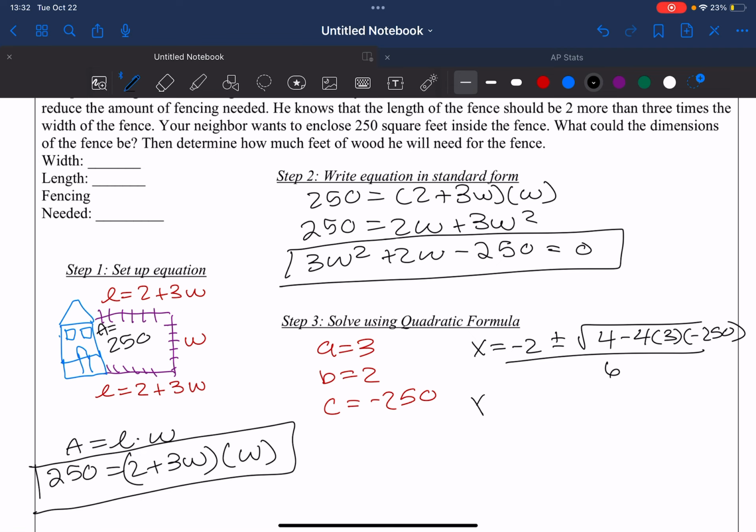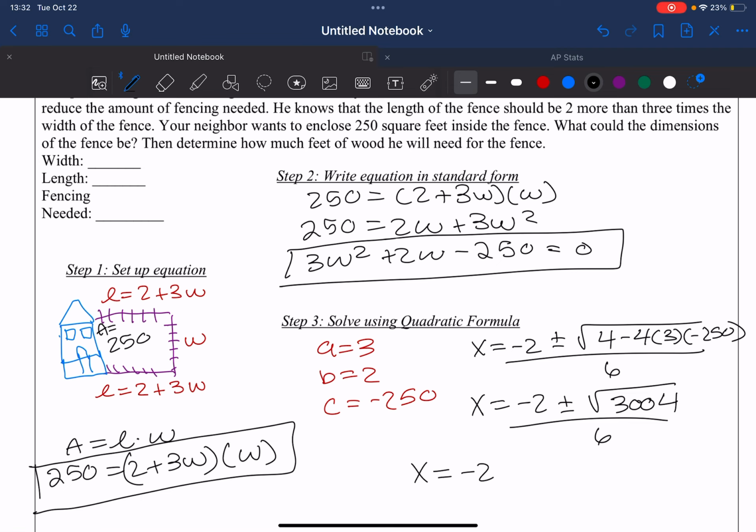And it turns positive, so x is equal to negative 2 plus or minus the square root of 3,004 over 6. If I take the square root of 3,004, I get about 54.81.